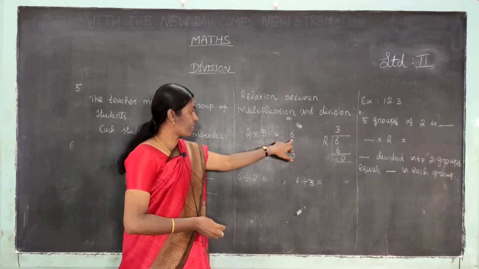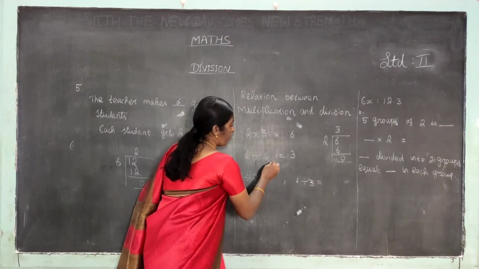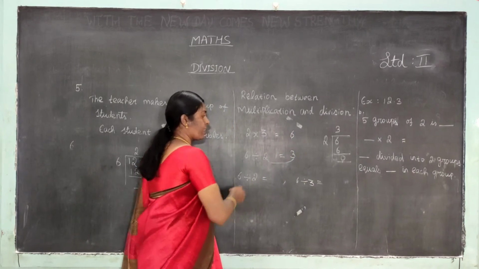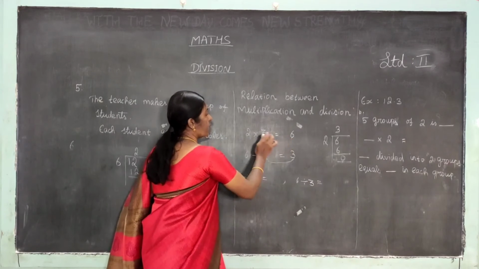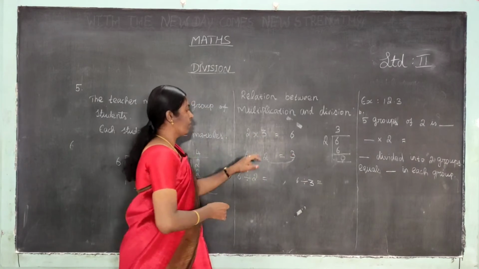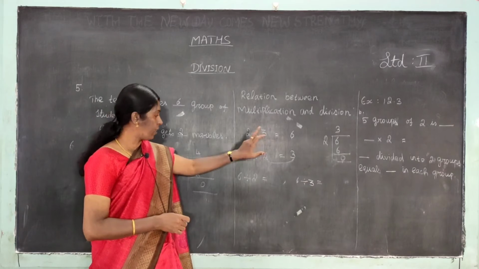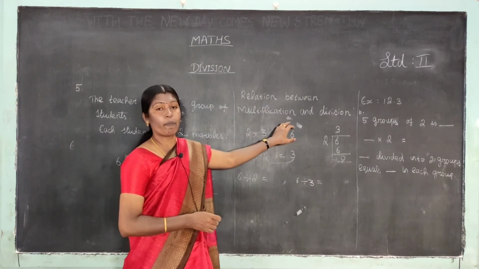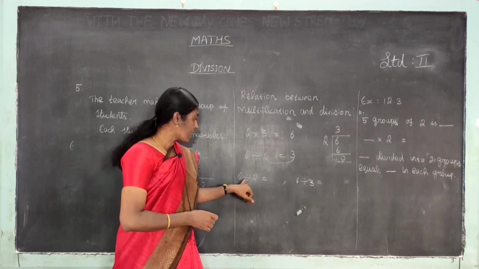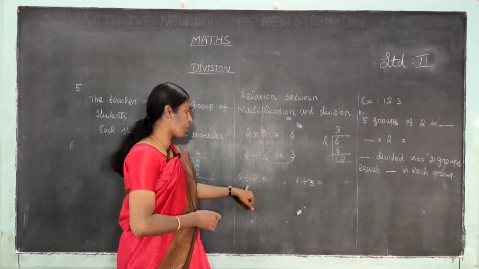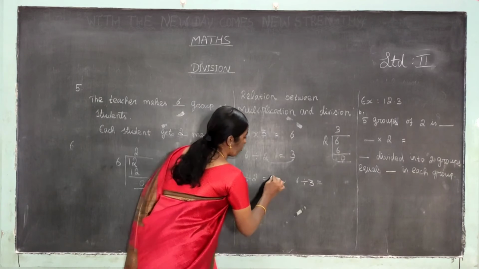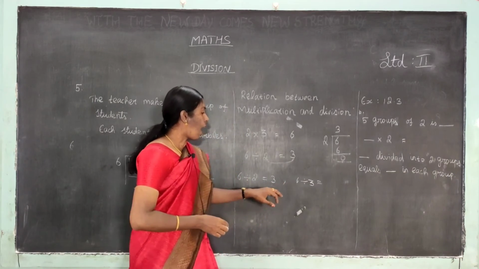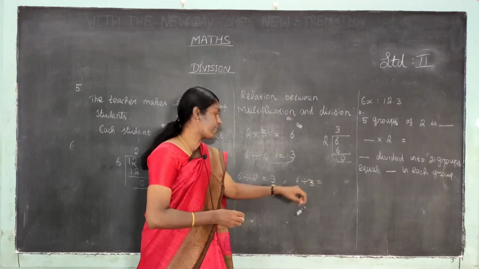Now you see this. 2 3s are 6. If you multiply, it means 2 3s are 6. And if you divide 6 by 2, this number will come, 3. That is the relation between multiplication and division. 6 divided by 2 is 3, and 6 divided by 3?